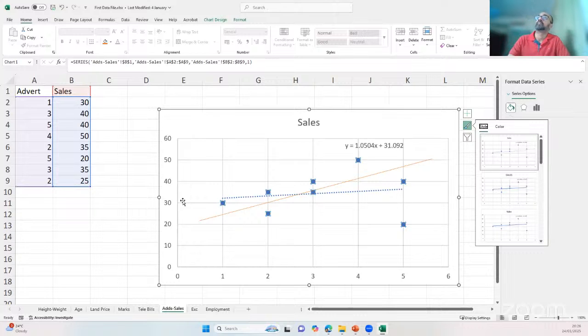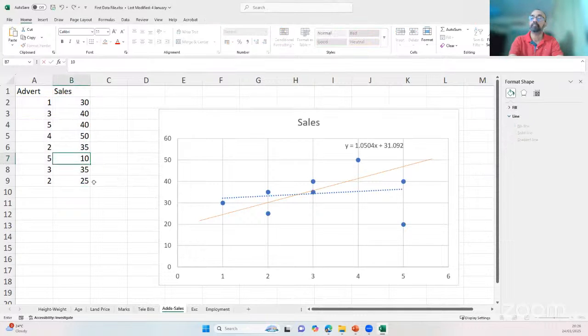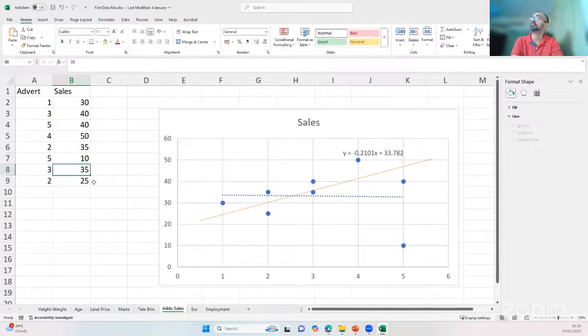Okay. We'll change that value to even lesser, be 10. Can you see? For some reason, just happened that month, the sales had to be 10. Okay. See the line's equation? Y equals minus some value.